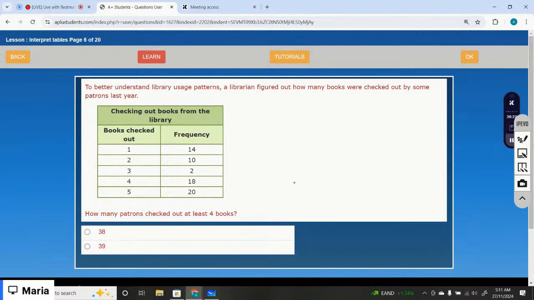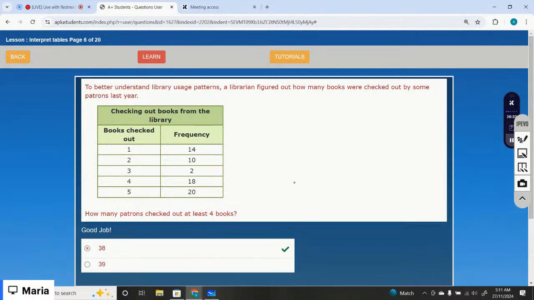At least 4. So you have to add 4 and 5. So 20 plus 18 is 38. Option number 1 is the correct option. Okay, you can complete the lesson by yourself later today. Let me just move on to next lesson.